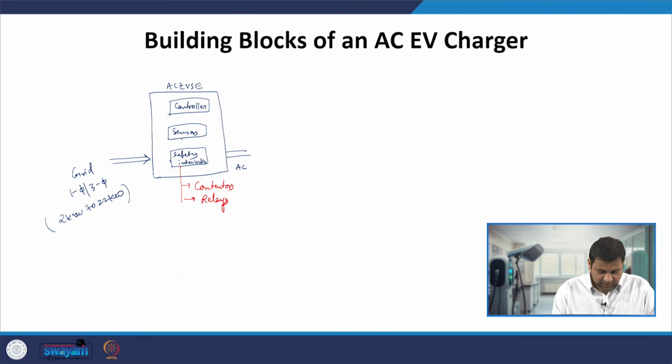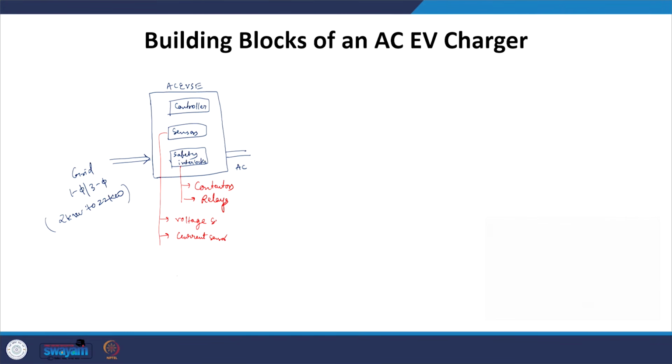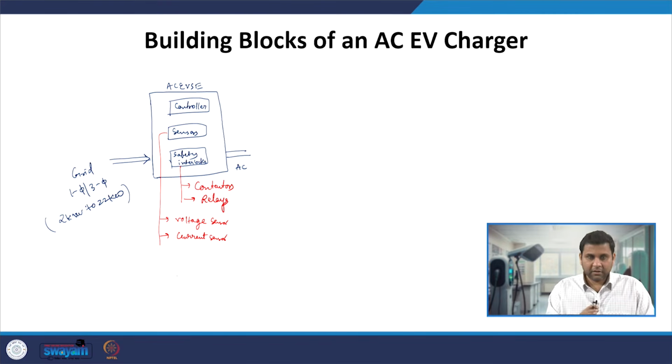Those sensors are primarily a voltage sensor and a current sensor. It senses the input voltages of the phases, as well as the amount of current taken out of that AC EVSE.